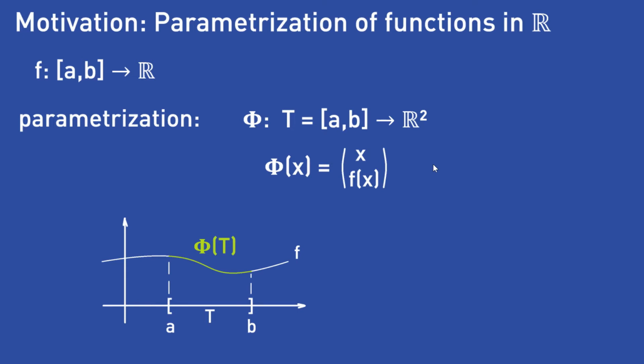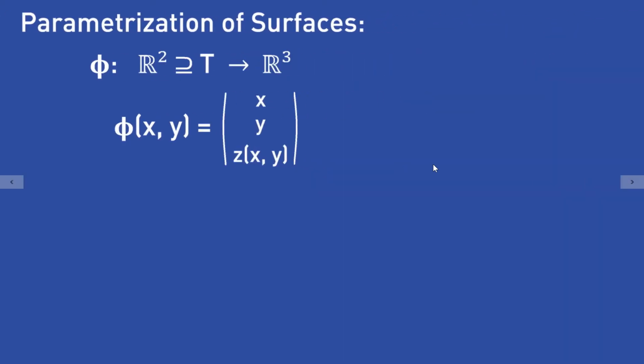Okay, now I will show you that you can parameterize surfaces in a similar way. So we have a map phi again, this time from a subset T of R2 to the space R3. The parametrization looks like that. Phi of x, y is equal to x, y, and z of x, y.